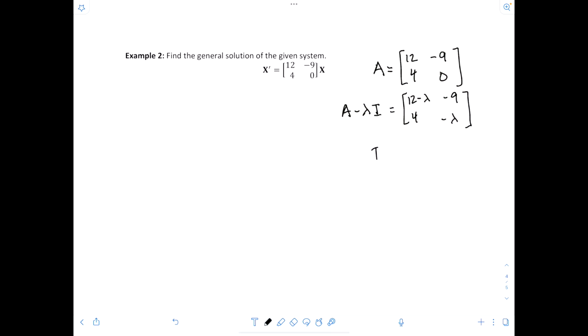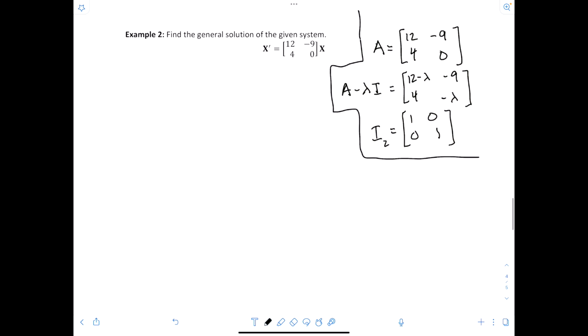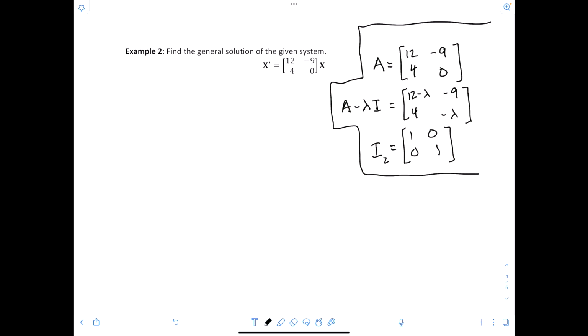Again, we're using I2 because A is 2 by 2. And now let's go ahead and go to step 1, which is to find eigenvalues.